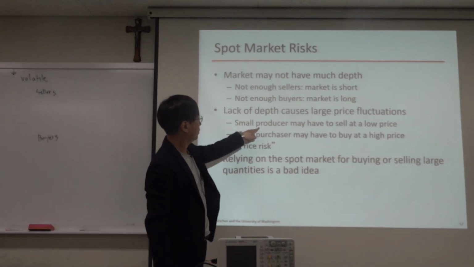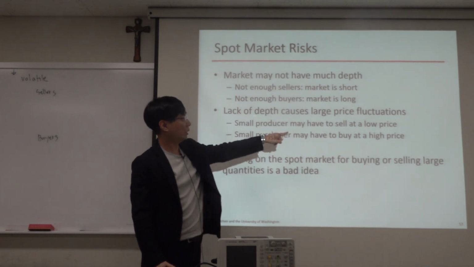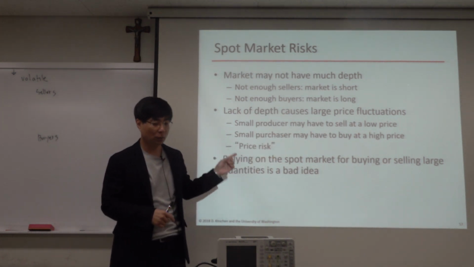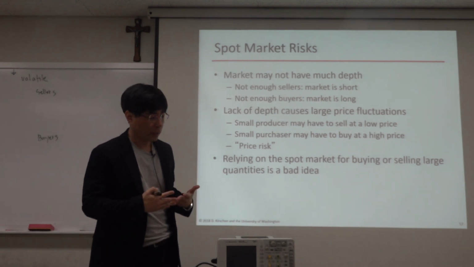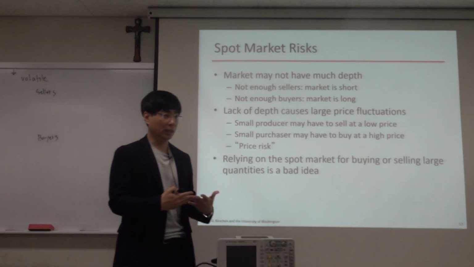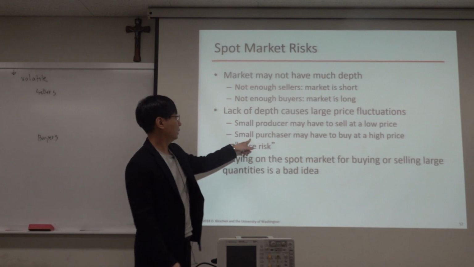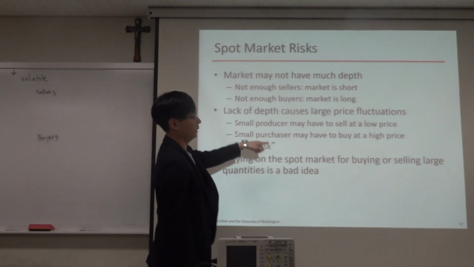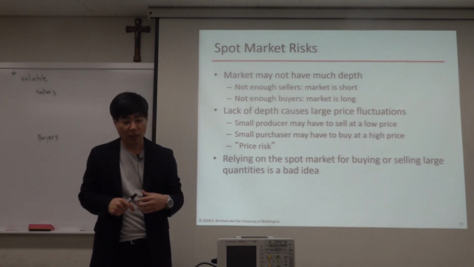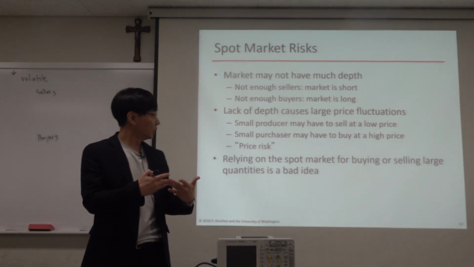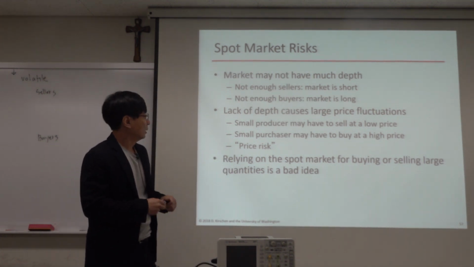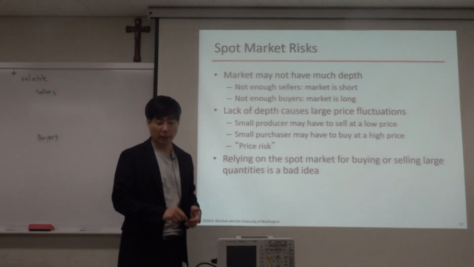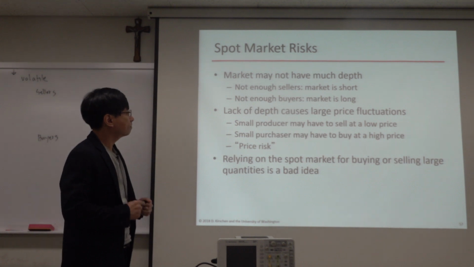Then small producers may have to sell at a low price, and he or she regrets, I should have sold it at a higher price. Similarly, a small purchaser may have to buy at a high price, and would say, I should have bought this at a cheaper price. So there is a price risk, and we want to reduce this price risk.